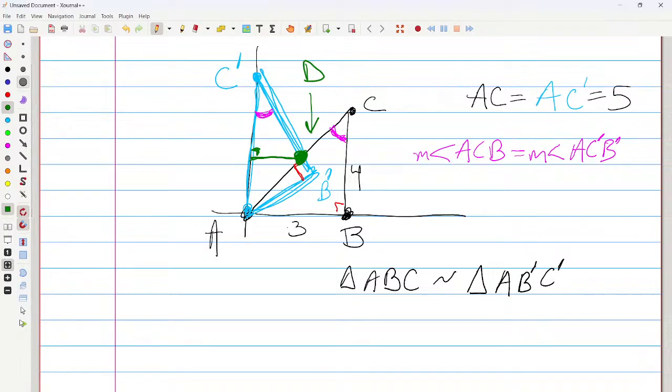And now we're going to focus in on this triangle, triangle ADC prime.